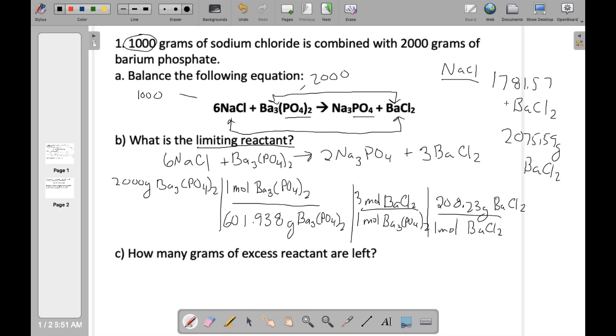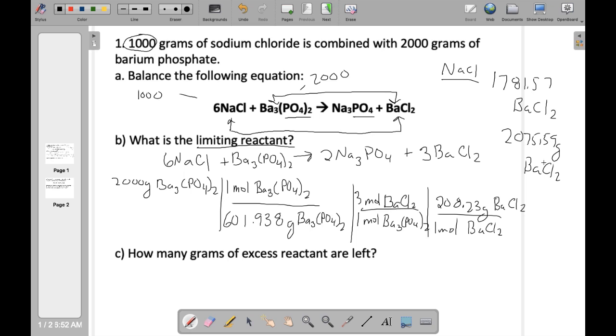So now we can compare these numbers. And what is this really telling me? If I use 1,000 grams of sodium chloride in this reaction, I will produce 1,781 grams of barium chloride. If I use 2,000 grams of barium phosphate, I will produce 2,075 grams of barium chloride.